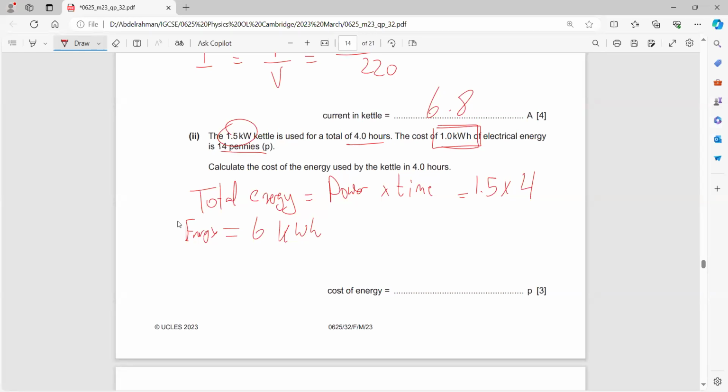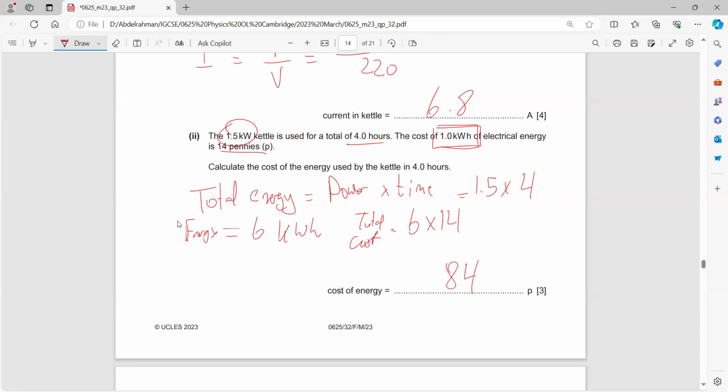How should I calculate it? If 1 kilowatt hour is 14 pennies, what if I have 6? I'll just multiply 6 times 14, which is 84 pennies.